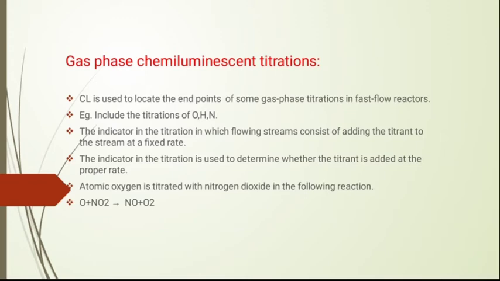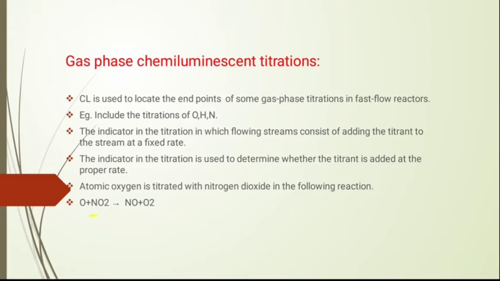Now, atomic oxygen is titrated with nitrogen dioxide in the following reaction. Here I have written that we can find the endpoint of some gas phase titrations of oxygen, hydrogen and nitrogen. One example given is atomic oxygen, which is titrated with nitrogen dioxide, NO2.